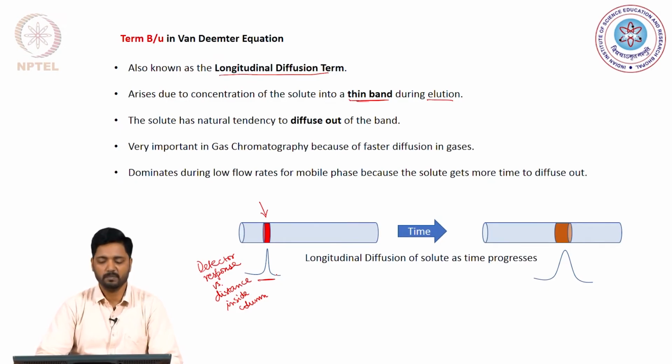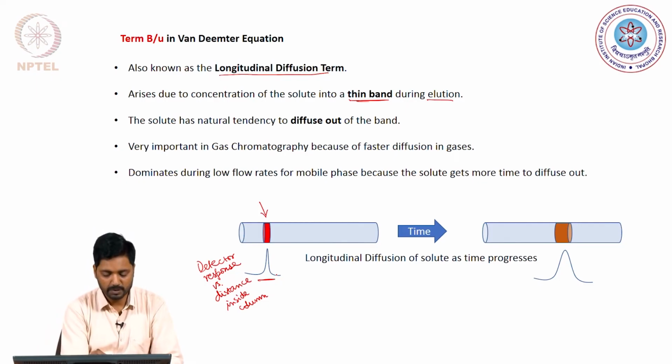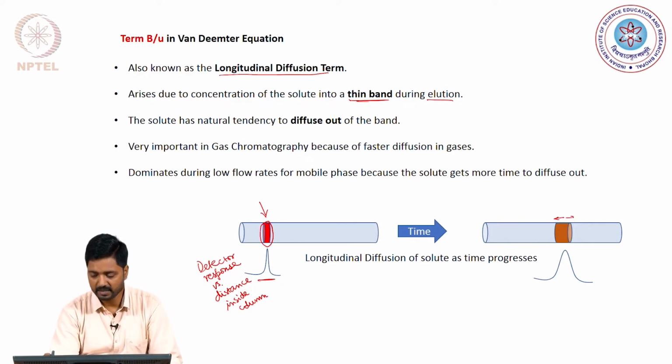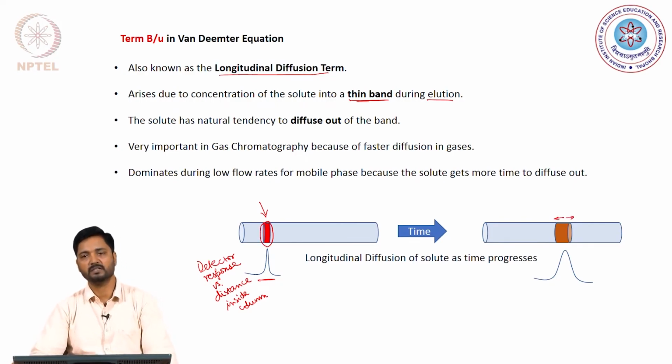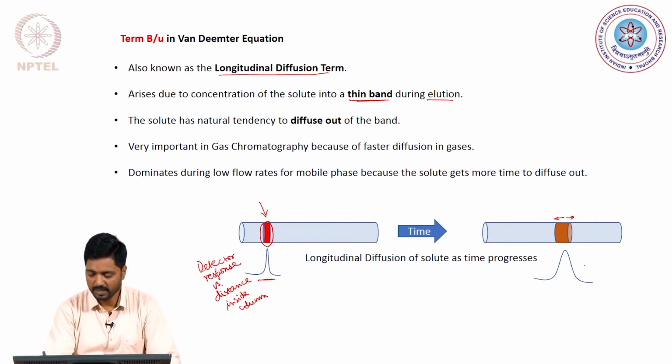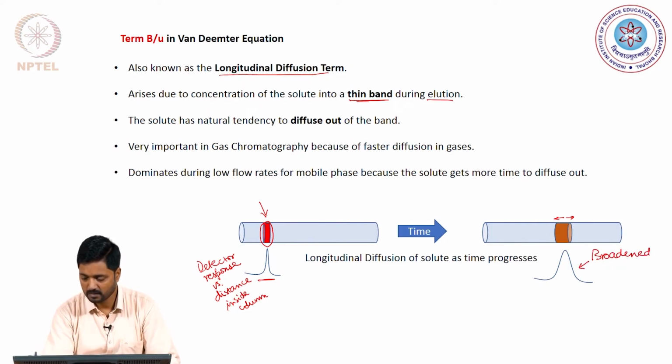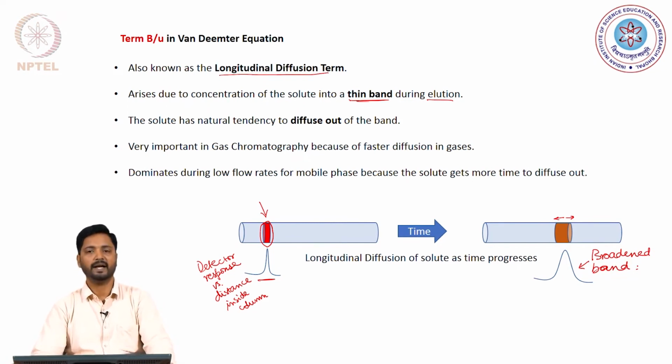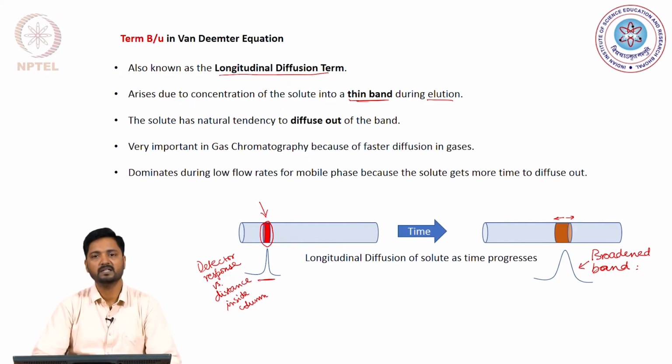Now, as time goes by, we observe that the solute, because it is concentrated within this regime, would want to expand out of this concentrated region through diffusion, and this will result in a broadened band of the solute, and we already understand that such band broadening is detrimental to the efficiency of separation.